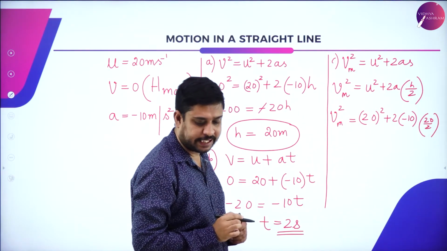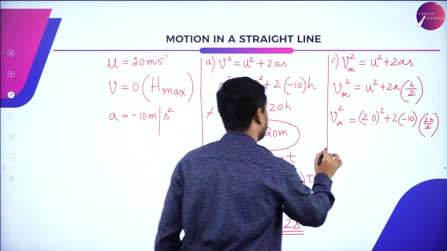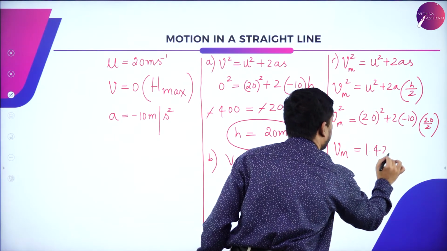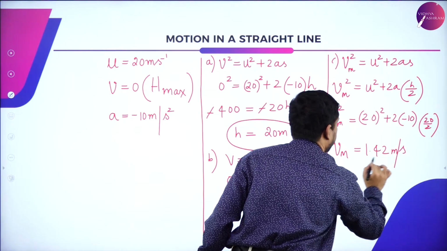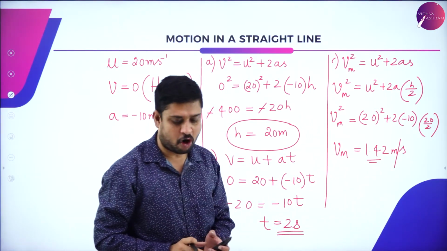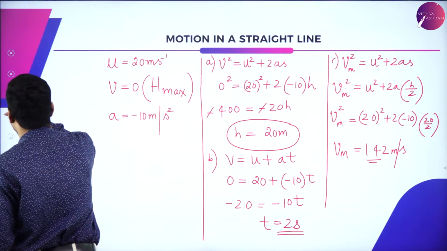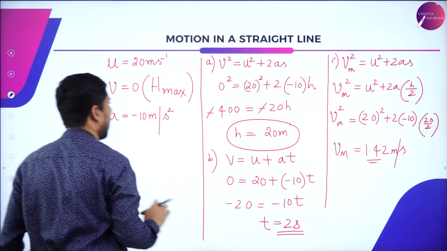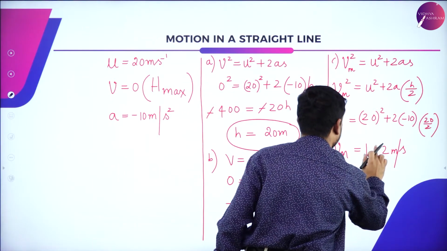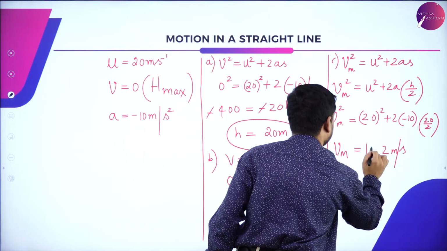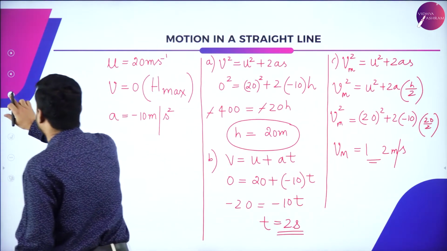On simplification, this Vm turns out to be 1.42 meter per second. I expect this to be 14.2 meter per second.